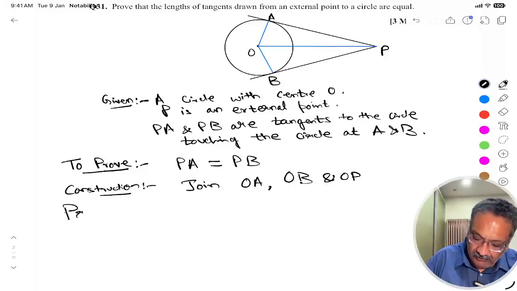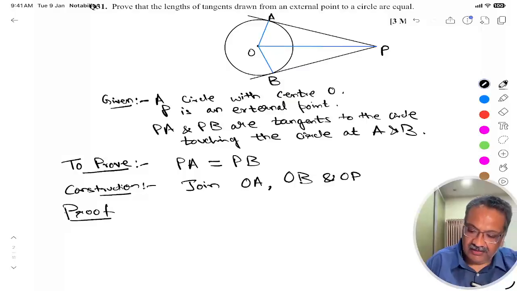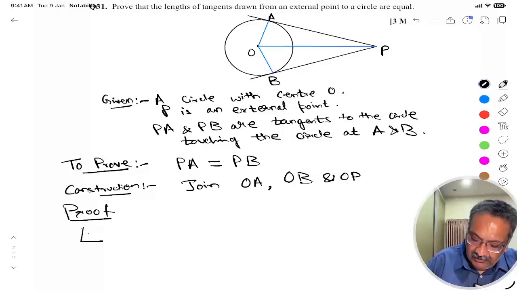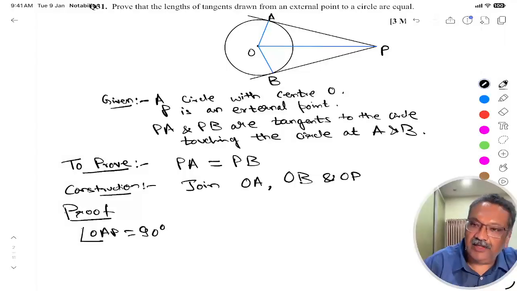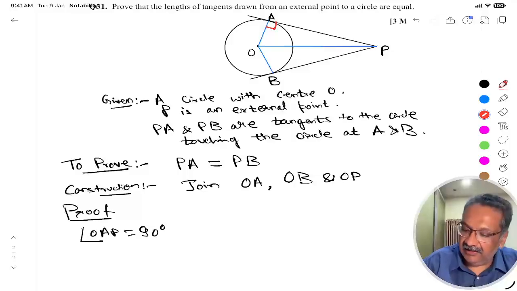Proof. First statement I am making is that angle OAP is equal to 90 degrees. This angle OAP is 90 degrees.